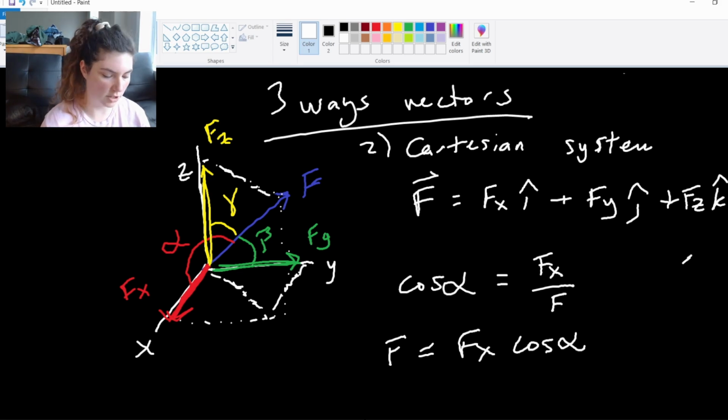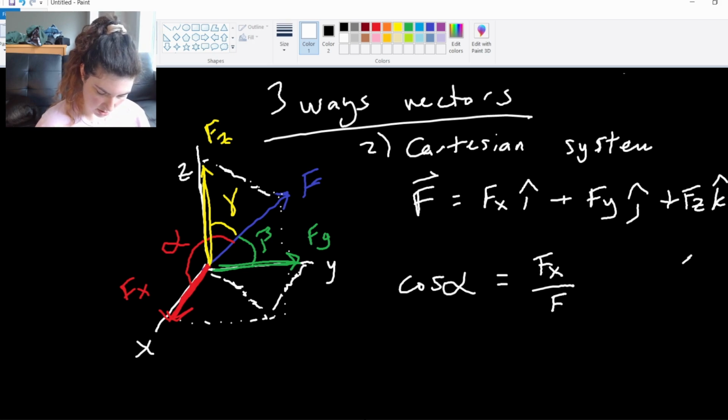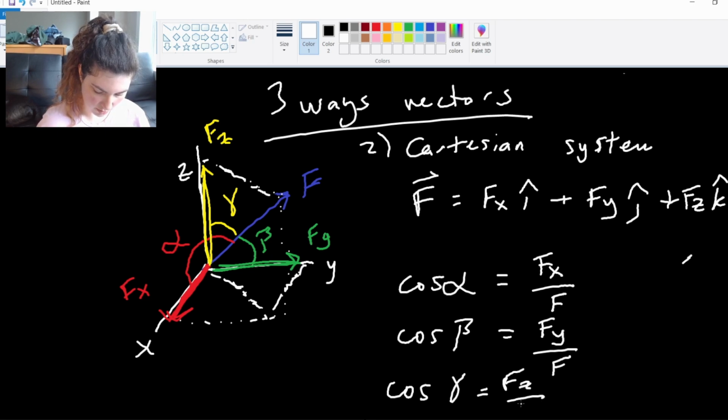You can convert it either way depending on what you're given, if you're given the components or if you're given the force as a whole and the angles. So your cosines, you can do this for each one of them. Cosine beta is F of y over F, and cosine gamma is F z over F. And those are all of the magnitude.